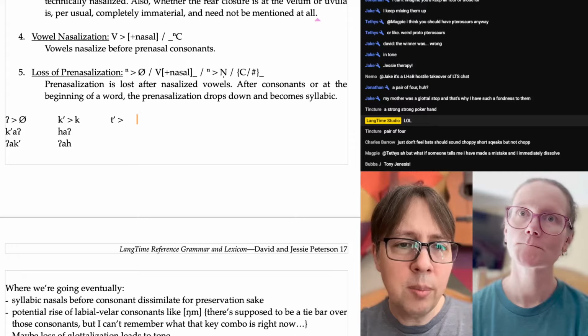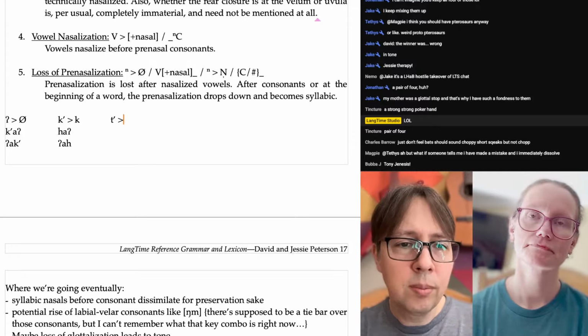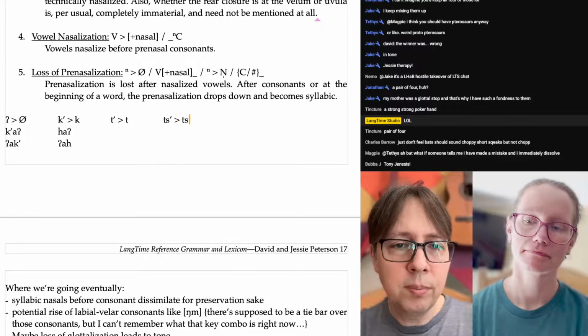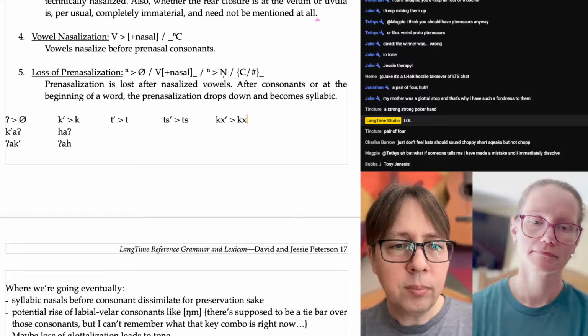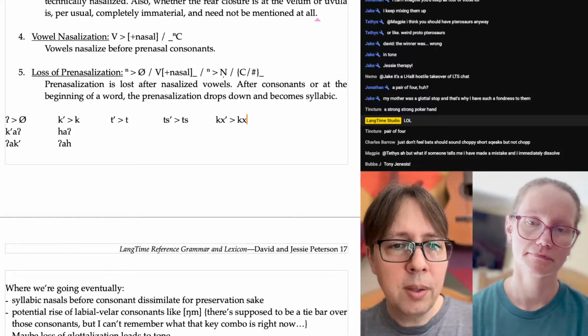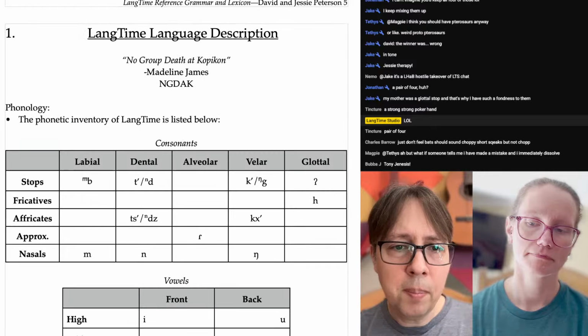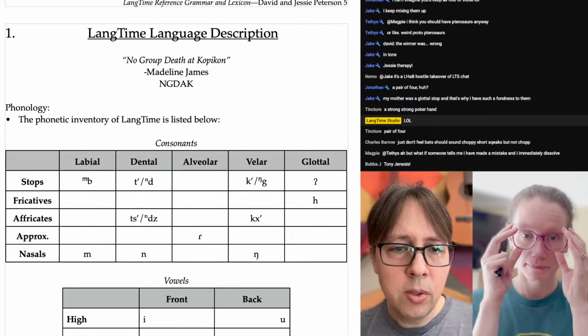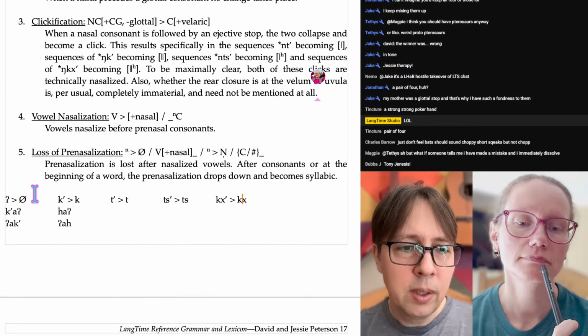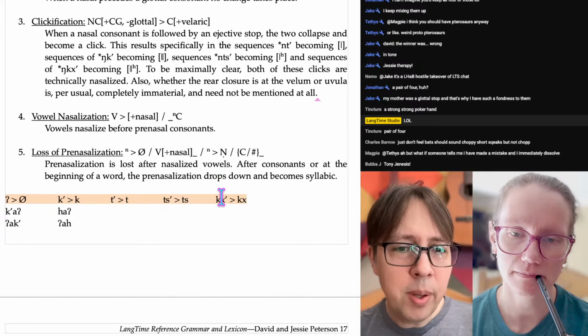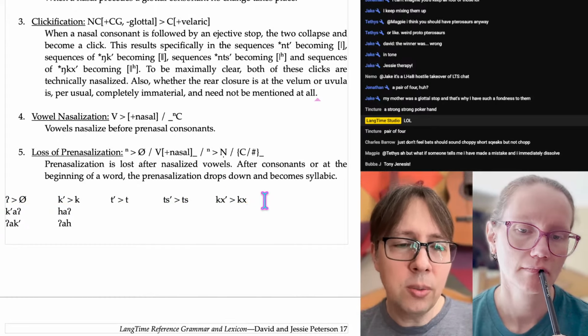This would become that. This would become that. And this would become that. And I think that's it. Yeah, that's it. 1, 2, 3, 4, 5. So this would happen. And that's in coda position? Yes. Okay. But this is what I wanted to do.